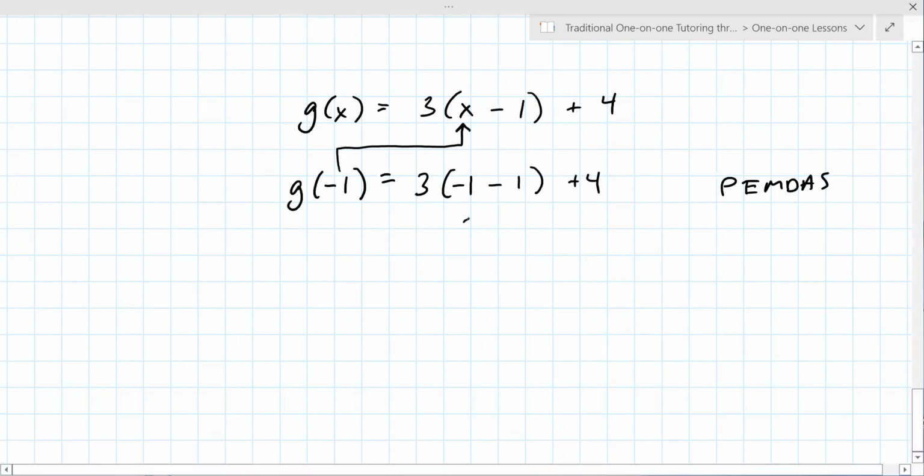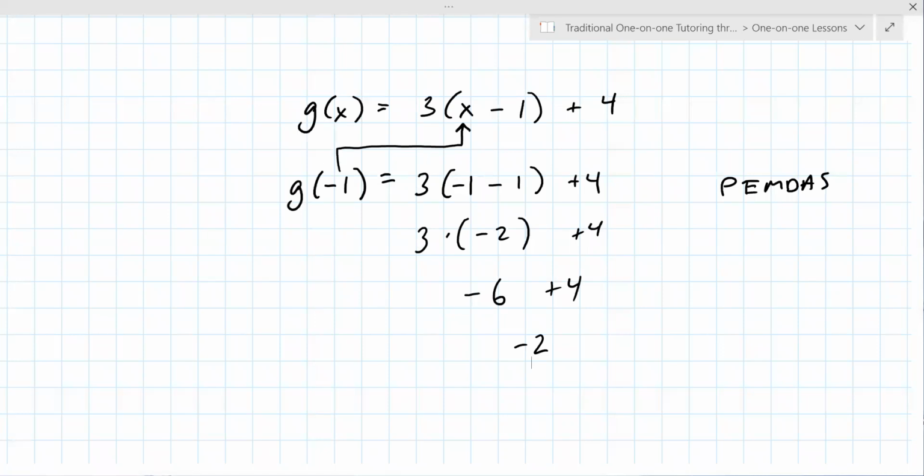Okay, so 3 times -2 plus 4. 3 times -2 is -6 plus 4 is -2. Good. Okay. All right, so let's try a new problem here.